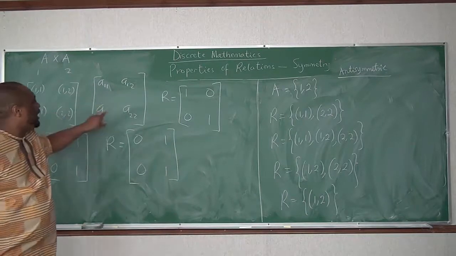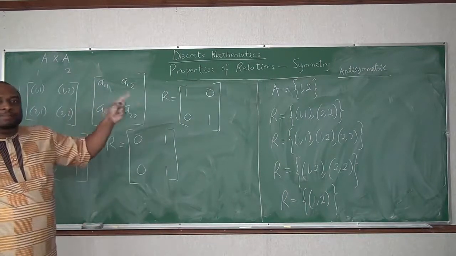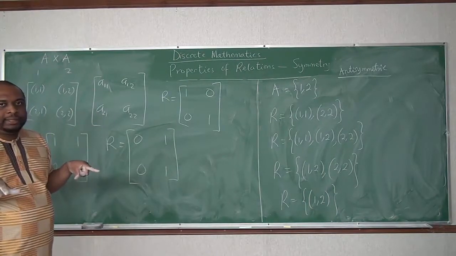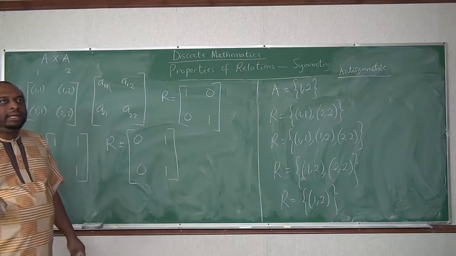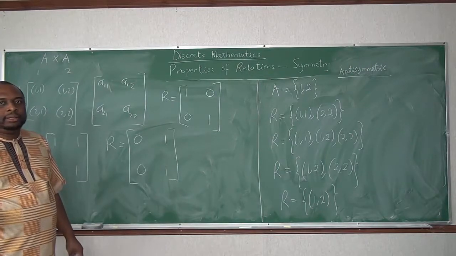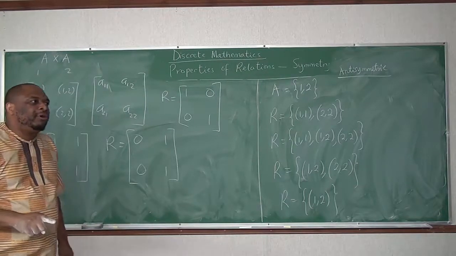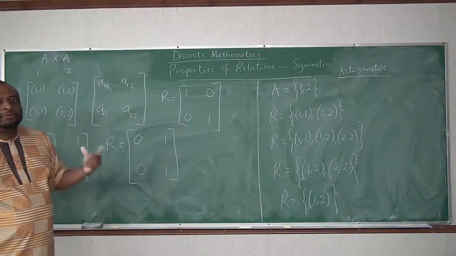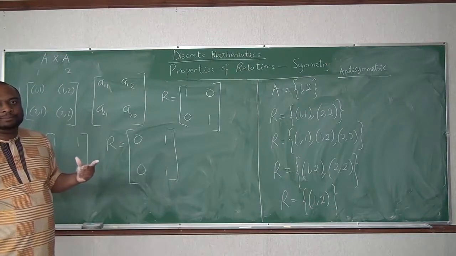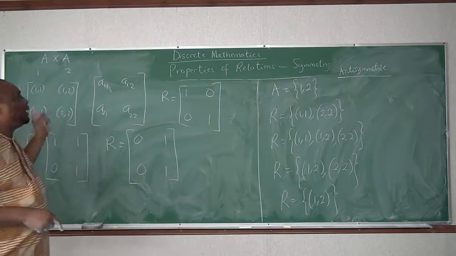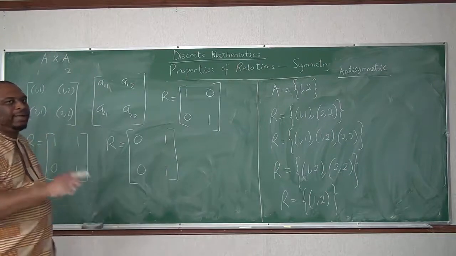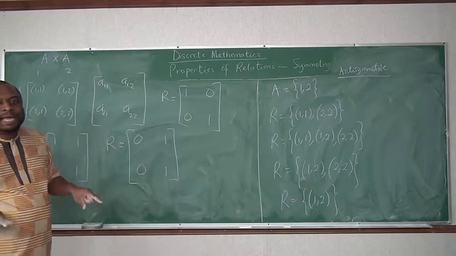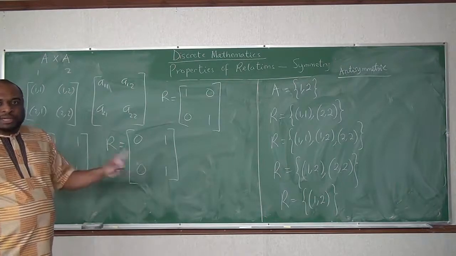A 1, 2 and a 2, 1 should never both be 1. A 3, 1 and a 1, 3 should not be there. A 2, 4 and a 4, 2 should not be there at the same time, because 2 is not equal to 4.